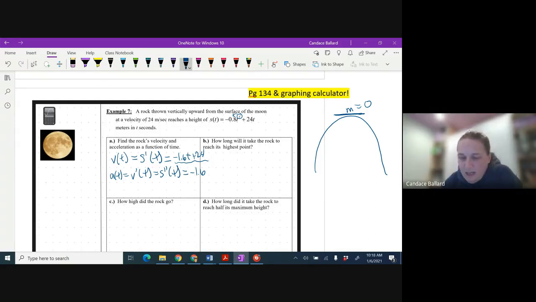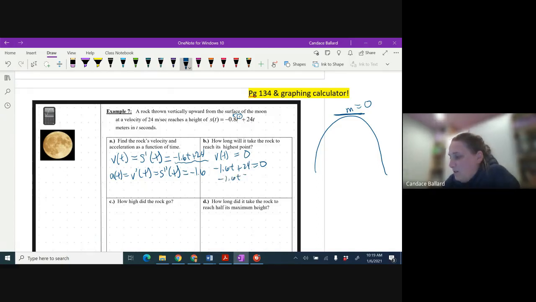This happens when v of t equals 0, or when we have negative 1.6t plus 24 equal to 0. I don't really need my calculator for all of it. I could probably just do that by hand really quick.